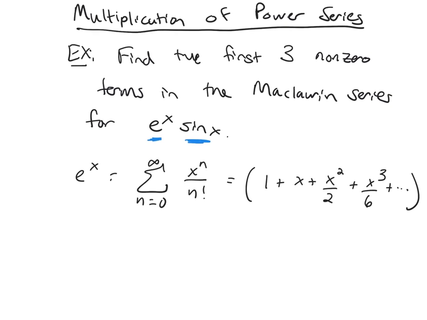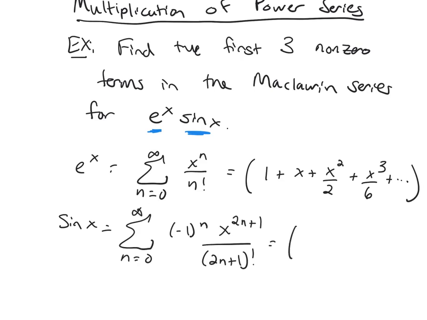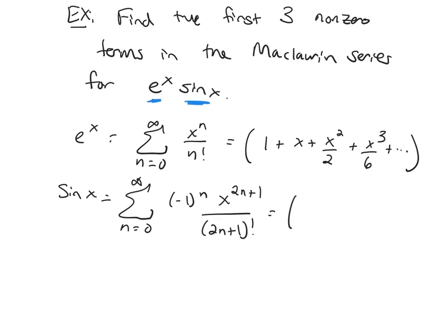And now let's write down the Maclaurin series for sine of x as well. I have to look that one up because I don't have it memorized. The sum, n equals 0 to infinity, negative 1 to the n, x to the 2n plus 1 over 2n plus 1 factorial. Again, this one is on your list that I gave you earlier. So let's write out some terms here.